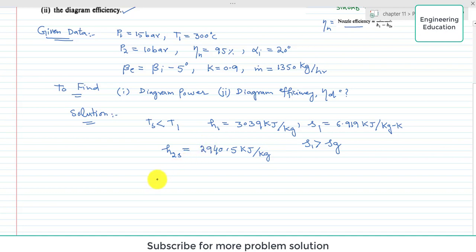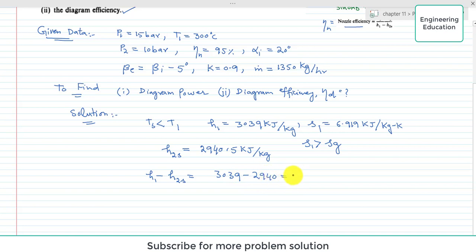Now taking the difference of these two values, H1 minus H2S. H1 is 3039 while H2S is 2940.